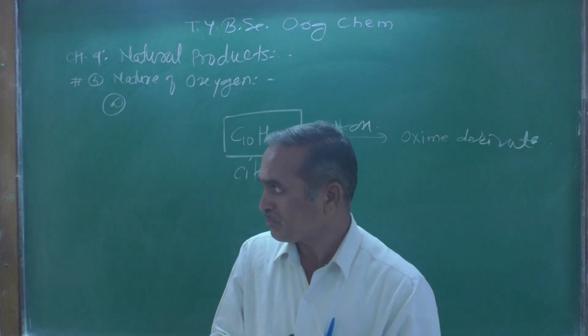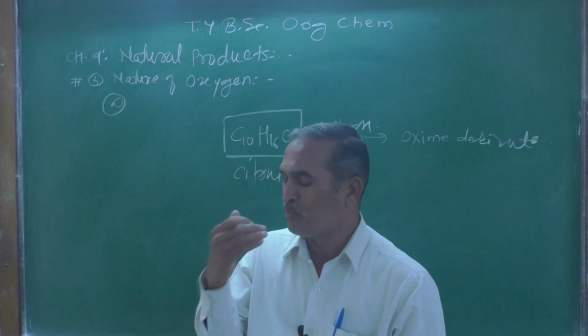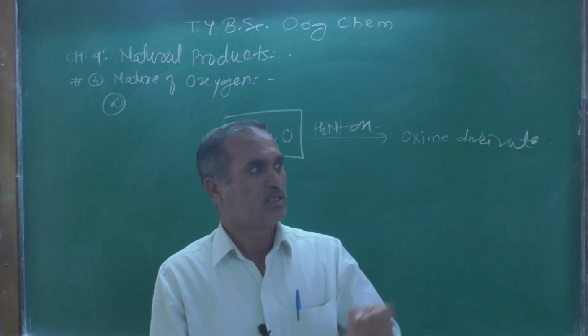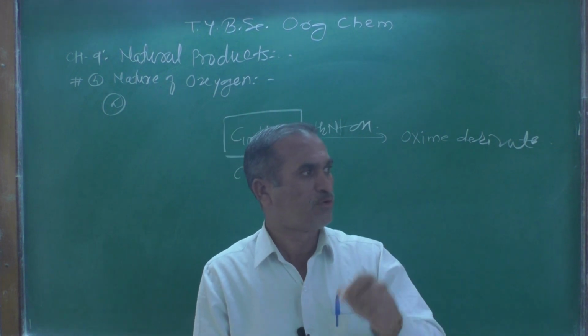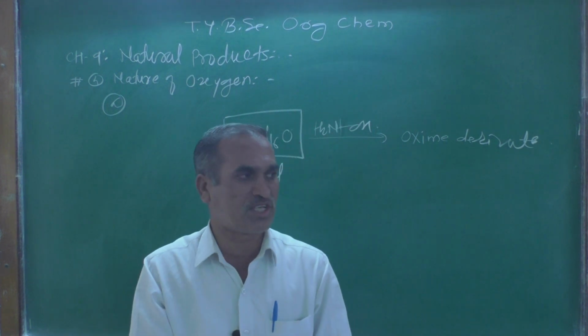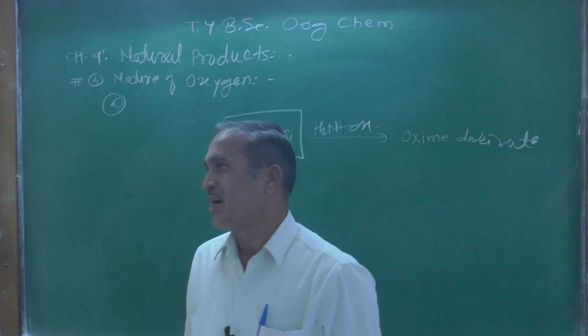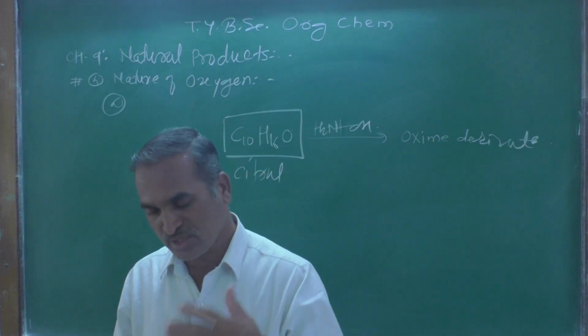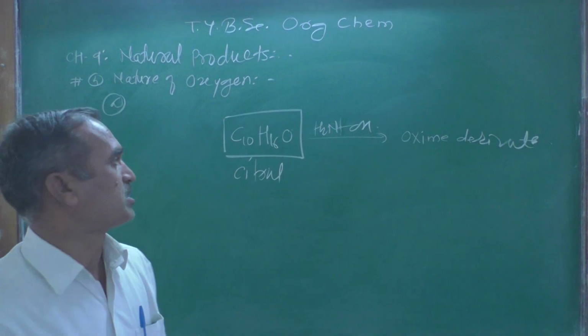Both give proof of the presence of an aldehyde or ketonic group in citral. That is the first point we have seen.